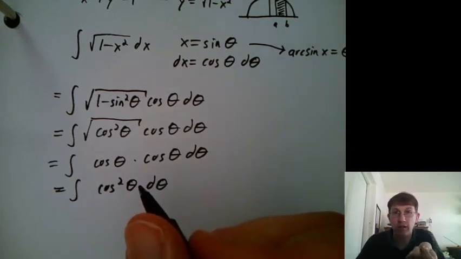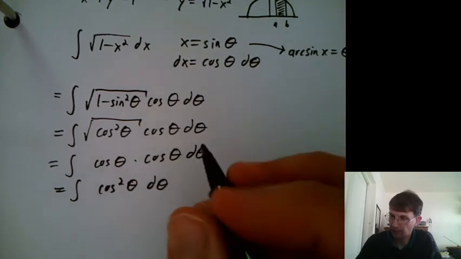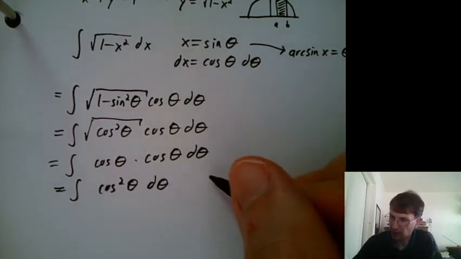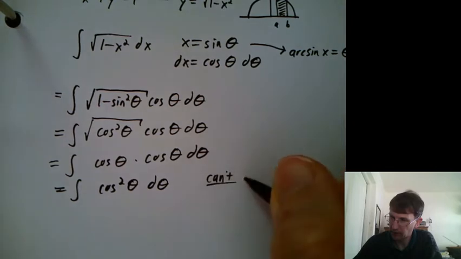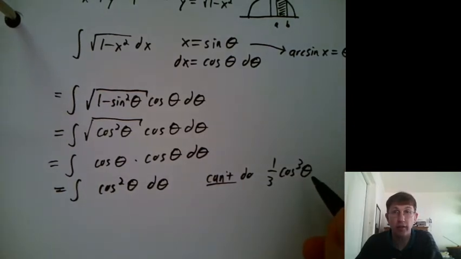Can we just integrate cosine squared all by itself? Can I use the power rule? Turns out no, that only works for like x squared dx with no cosine in it. Let's write that down. We can't do like 1/3 cosine cubed theta. You could try checking that if you want, and you'll find out with the chain rule and everything, it just doesn't work.